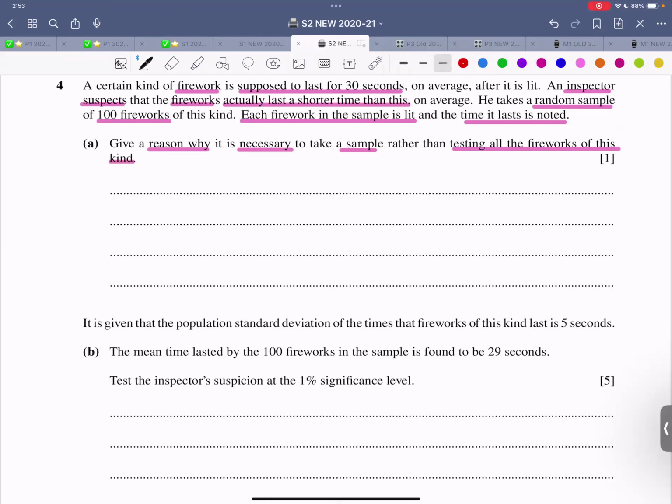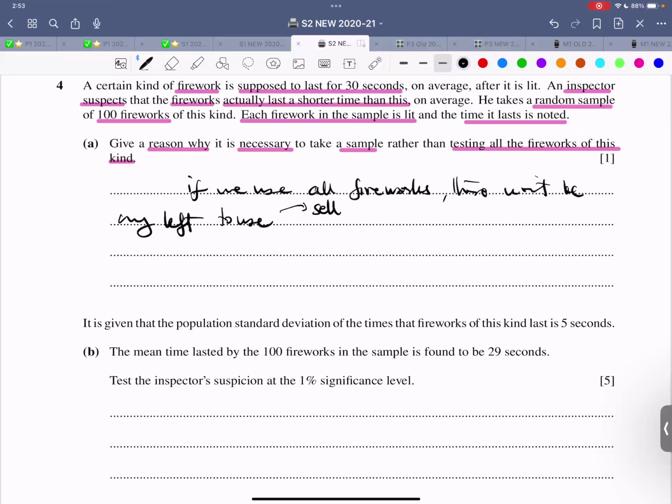We are not using the whole population, we are using a sample, because if we use all fireworks, there won't be any left to use, whether for selling or for future events. That's a very basic question.